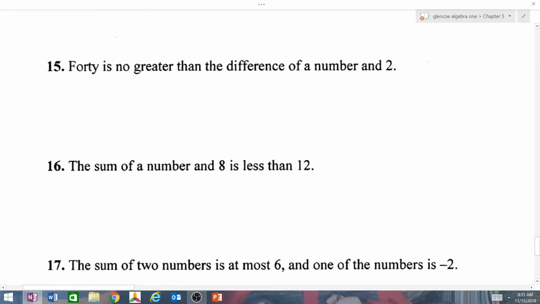Here, let's do number 15. 40 is no greater than the difference of a number and 2.